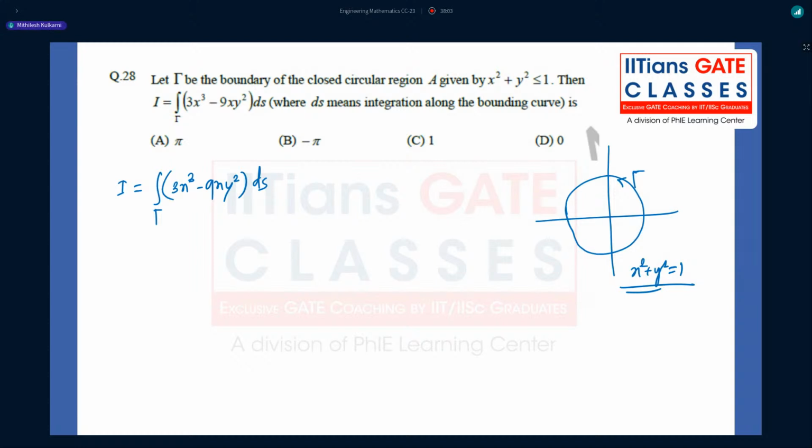So I can write it as integration 0 to 2 pi, replacing x equal to r cos theta and y equal to r sin theta, where r is 1 in this case. You can write it as 3 cos cube theta minus 9 cos theta sin square theta d theta. So I'm just replacing x with cos theta and y with sin theta.